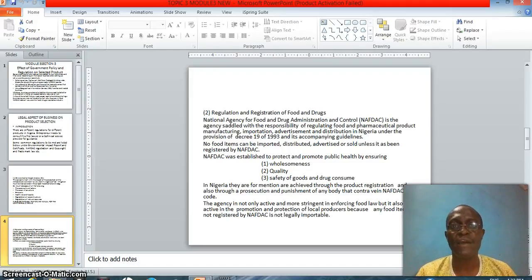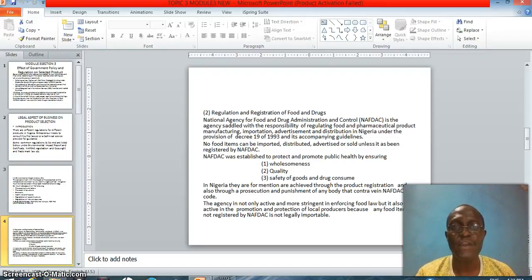NAFDAC was established to protect and promote public health by ensuring: 1. Wholesomeness, 2. Quality, 3. Safety of goods and drugs consumed.